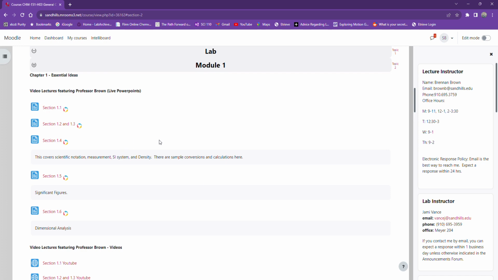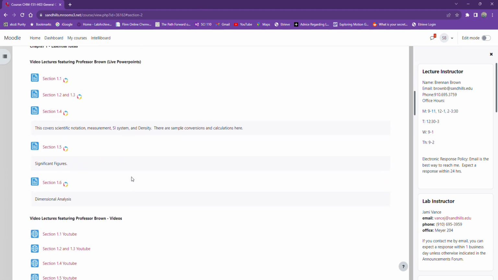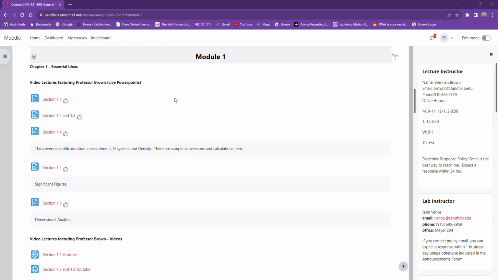If you're not sure what section goes with the assignment, go and check the schedule of assignments, and it will tell you. If you want to do the significant figures assignment, you should review sections 1.2, 1.3, and 1.4. And then you can come down here and watch the 1.2 and 1.3 PowerPoint, as well as the 1.4 PowerPoint, and it should help you answer significant figures questions on that assignment.